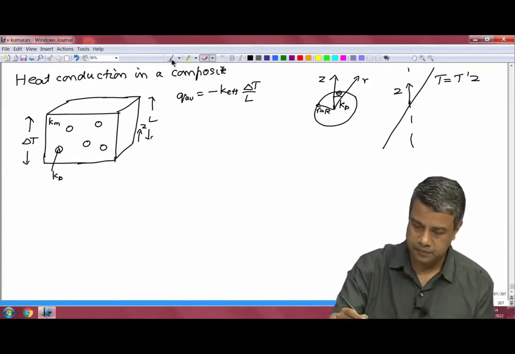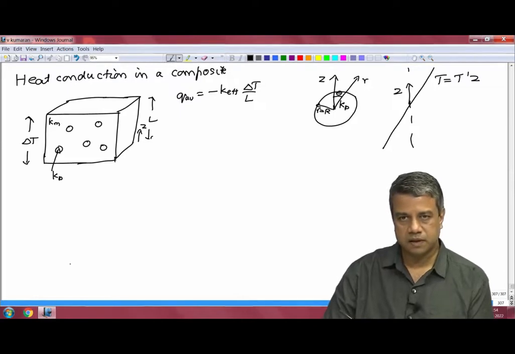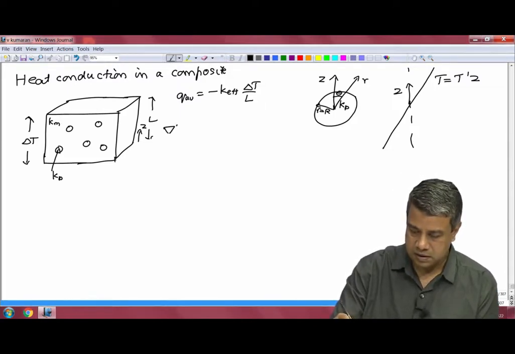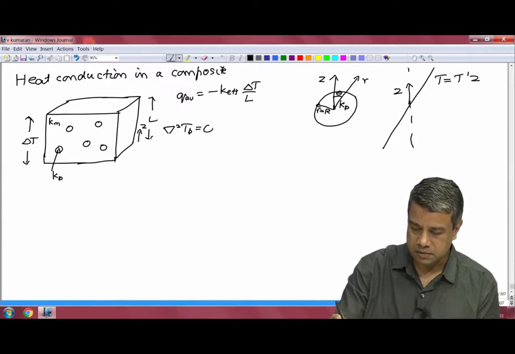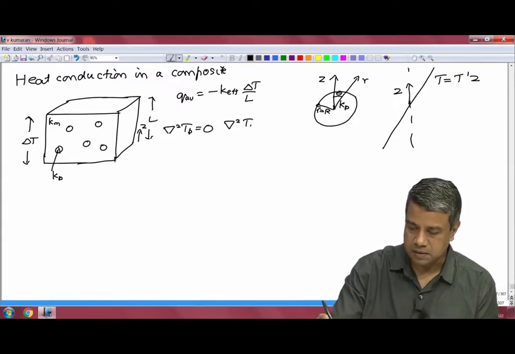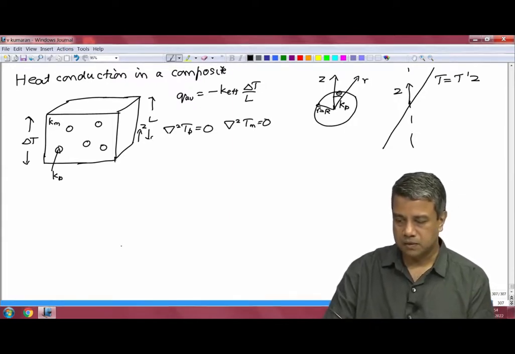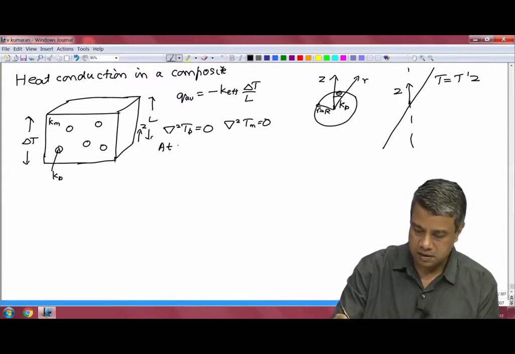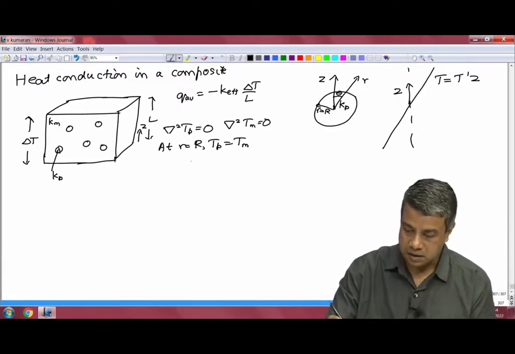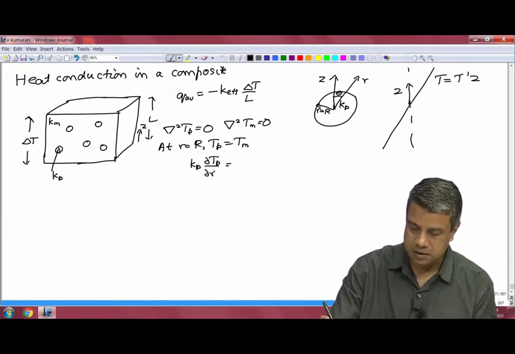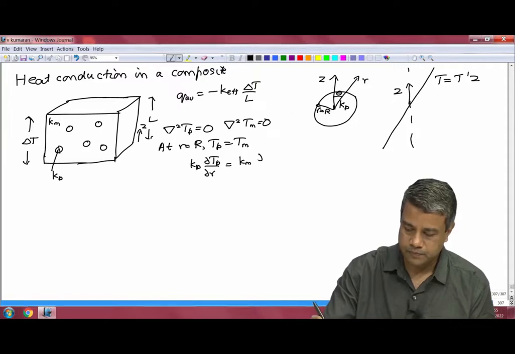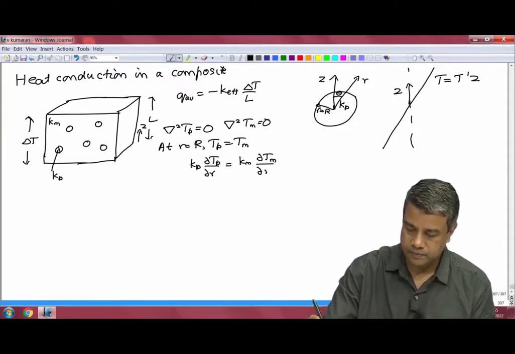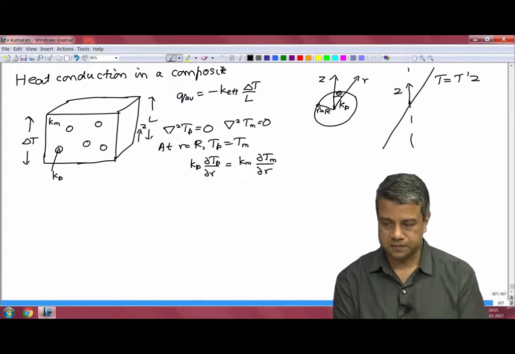And we were trying to solve the heat conduction equations del square Tp equals 0 and del square Tm equals 0 with boundary conditions at r is equal to R: Tp is equal to Tm, continuity of temperature, and Kp into partial Tp by partial r is equal to Km times partial Tm by partial r. So, those were the conditions.